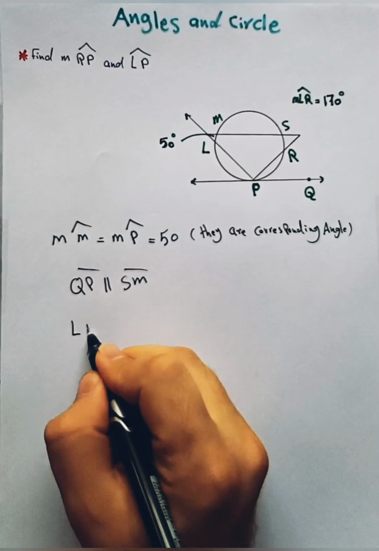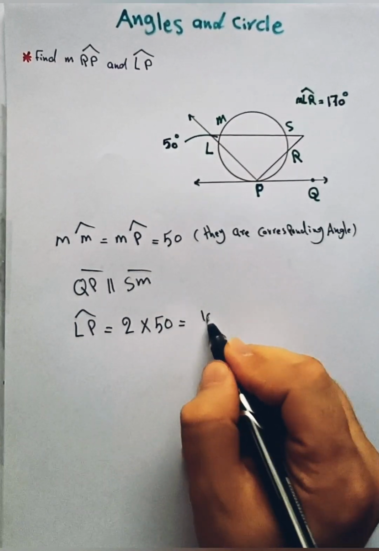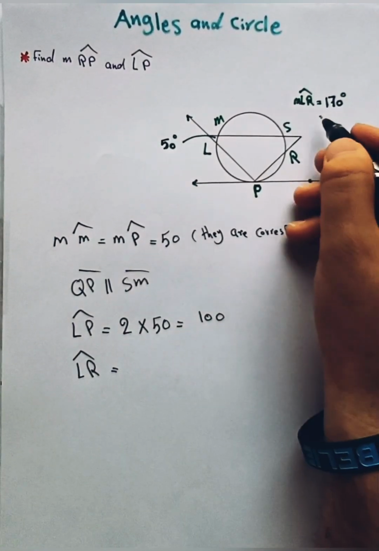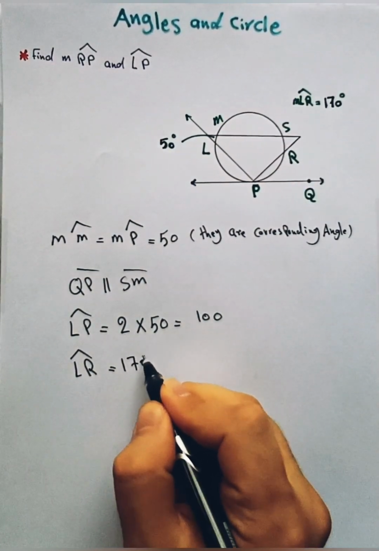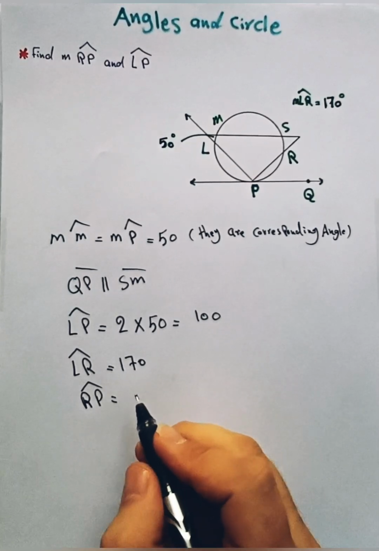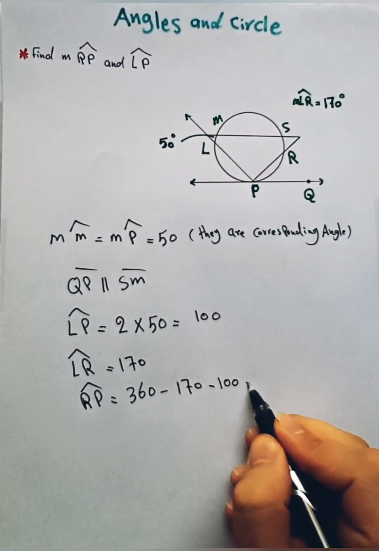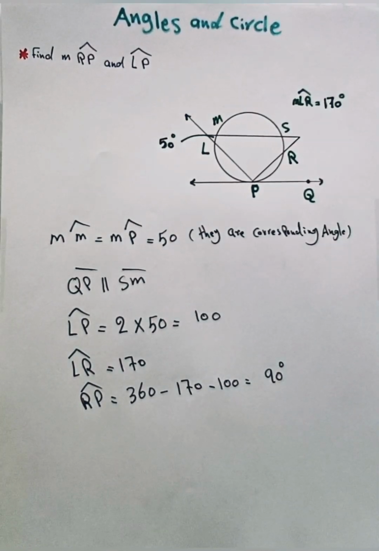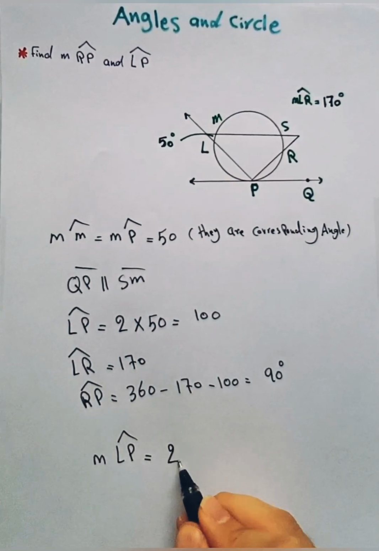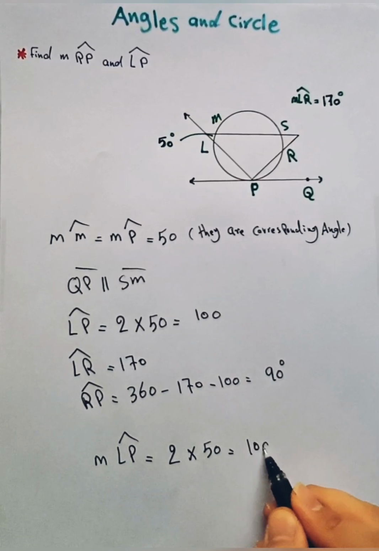So the measure of LP equal to 2 times 50 equal to 100, and the measure of LR is given 170. So you can say the measure of RP equal to 360 minus 170 minus 100 equal to 90 degrees. After that, the measure of LP is 2 times 50 equal to 100 degrees.